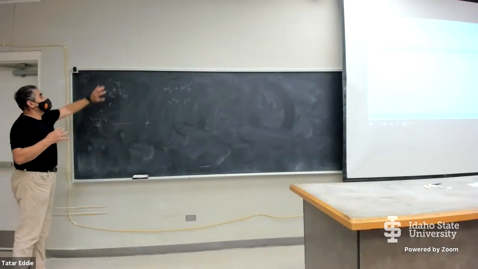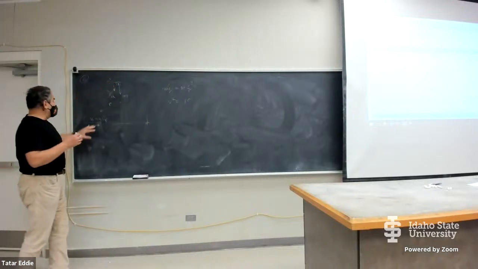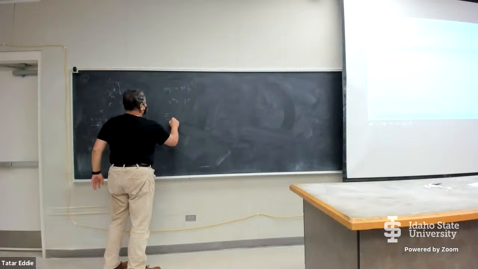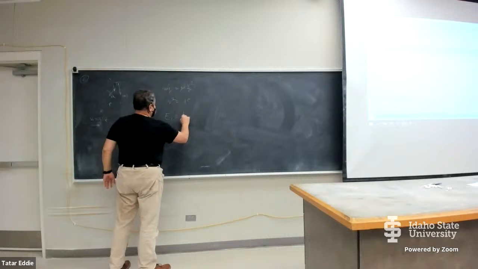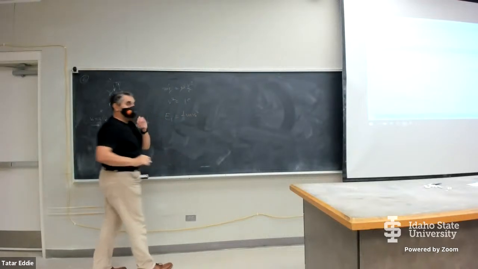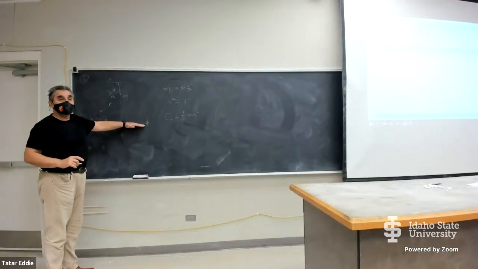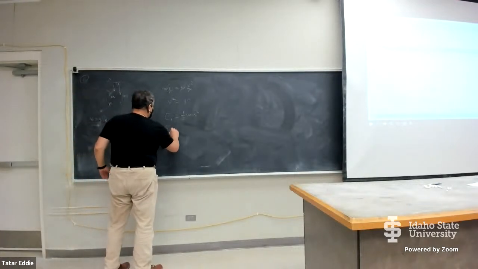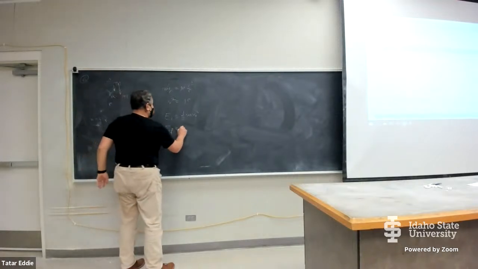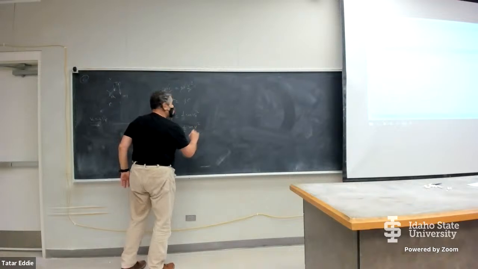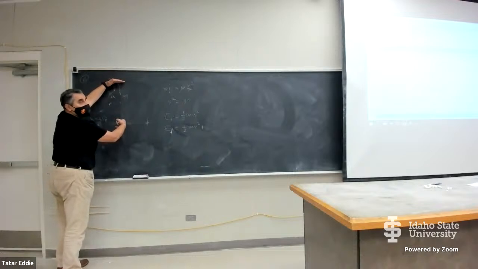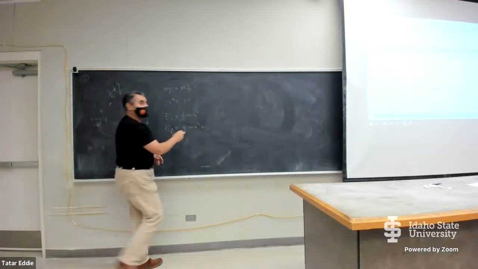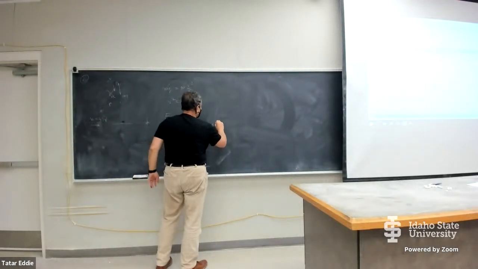The initial energy is only kinetic energy, 1/2 m v0 squared, because it is at 0 height. The energy of the car at the top is 1/2 mv squared plus gravitational potential energy, mg times the height of 2 times the radius.